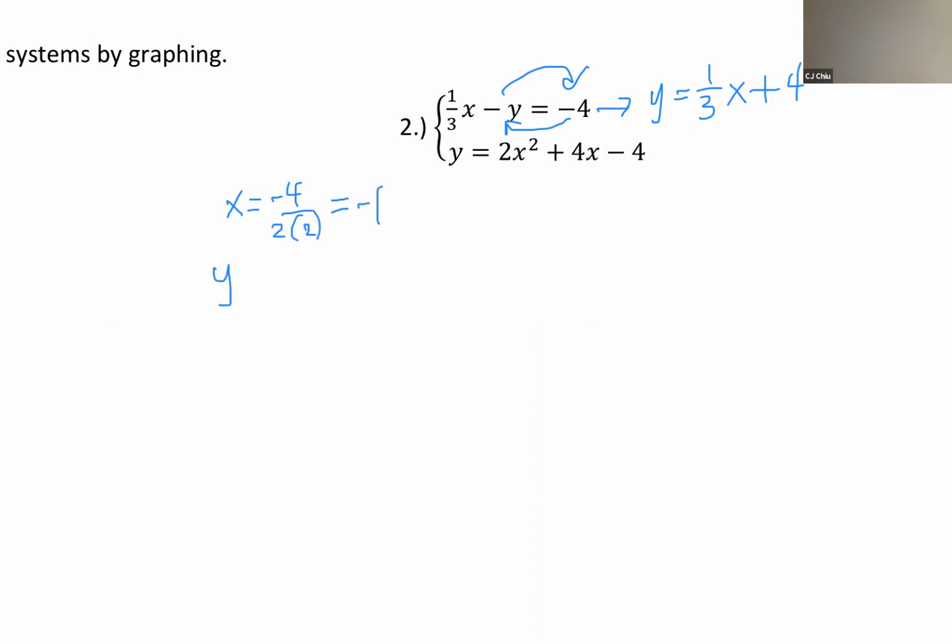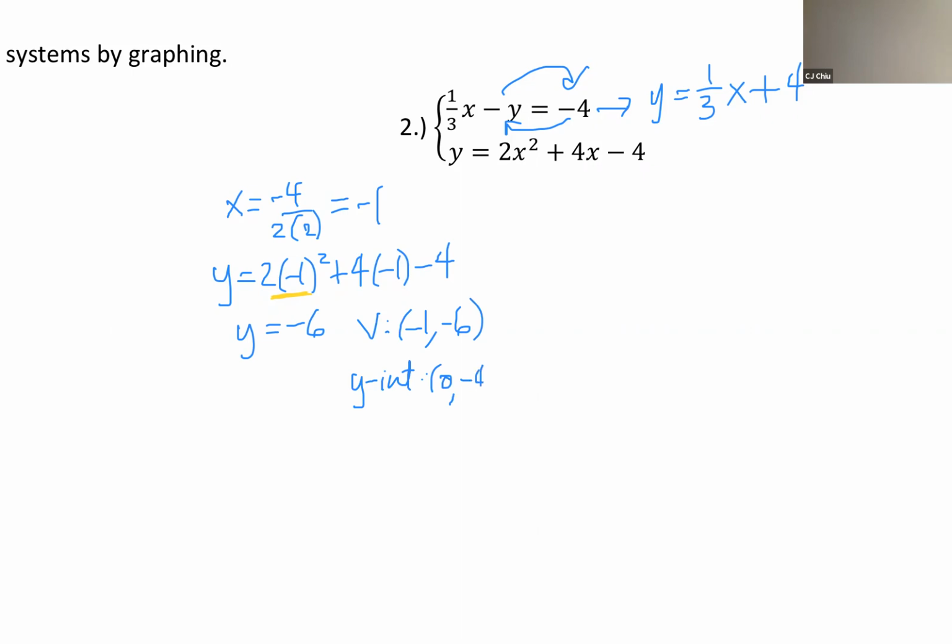And then when you plug it in, y equals 2 times negative 1 squared plus 4 times negative 1 minus 4. Just make sure, if you do it by calculator, you put parentheses around your negative 1 before you square it, okay? So then you should get y equals negative 6. So then your vertex is negative 1, negative 6, and your y-intercept is 0, negative 4, okay?